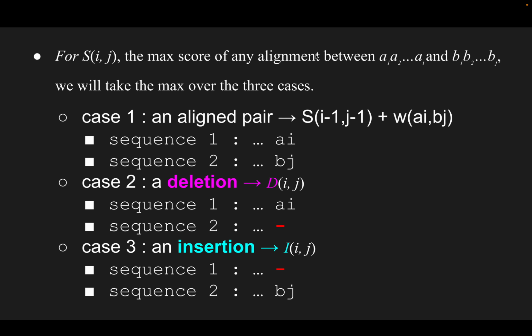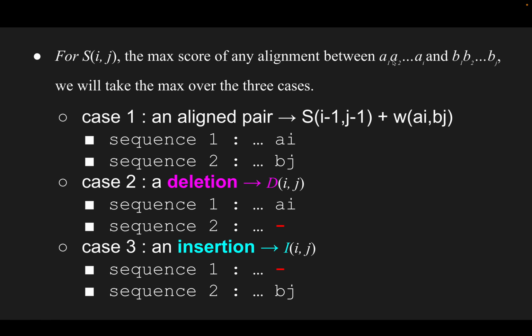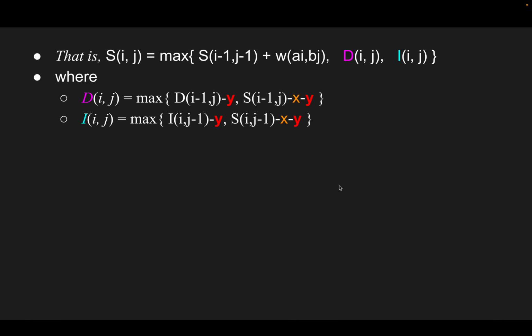And we also take case 2, which is a deletion, D(i,j), and case 3, which is an insertion, I(i,j). Okay, we have a recursive formula intertwined between three formulas: S(i,j), D(i,j), and I(i,j).